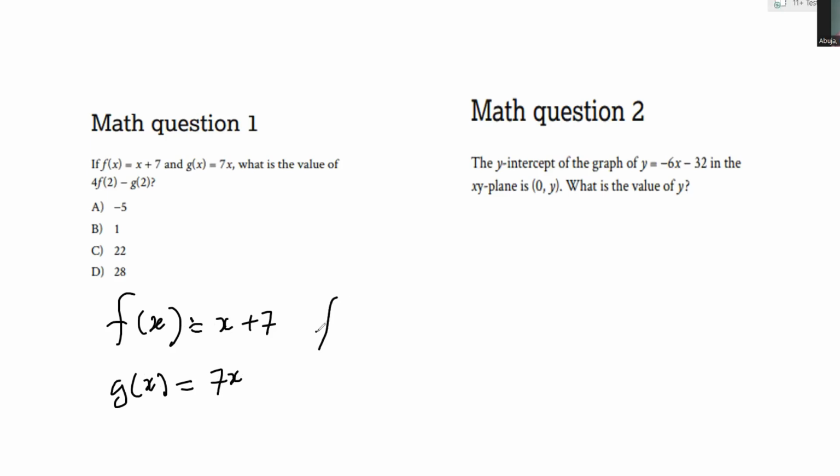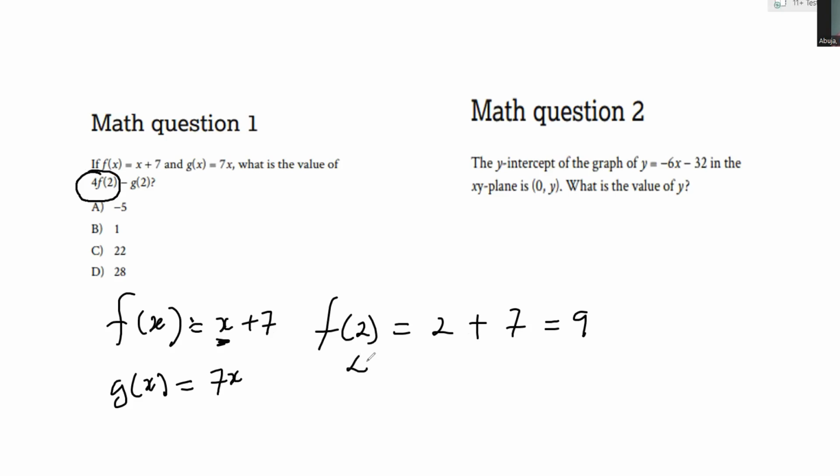Now, f of 2 simply means wherever you see x, replace that x value with 2. So we have x here. This is x. So replace that x with 2 plus 7. Now 2 plus 7 is 9. And remember, there's a 4 outside here. This is what I'm dealing with now.